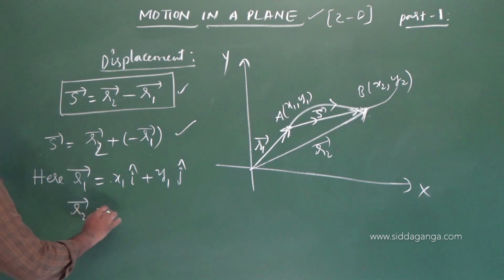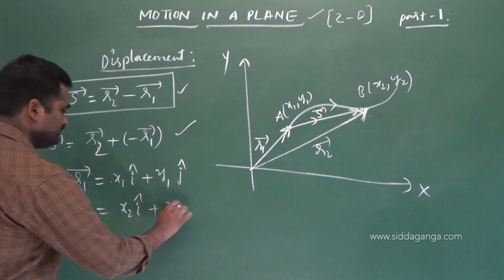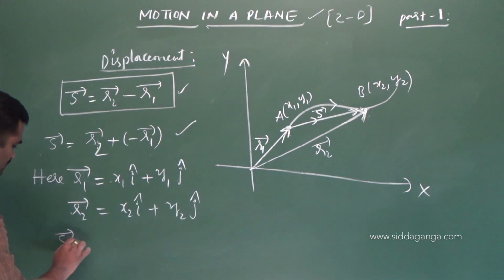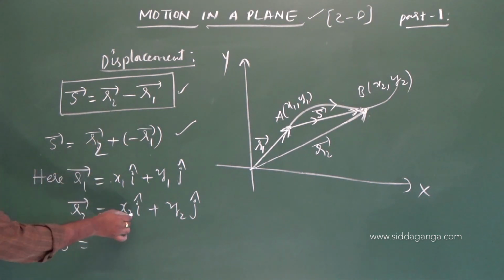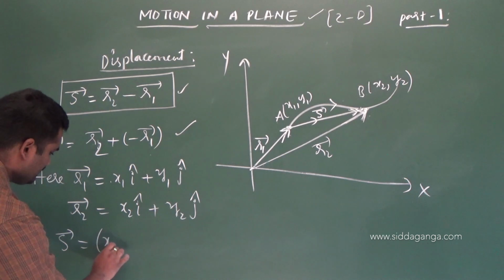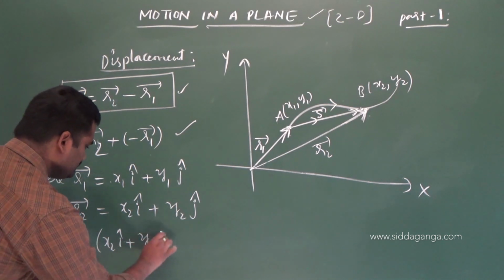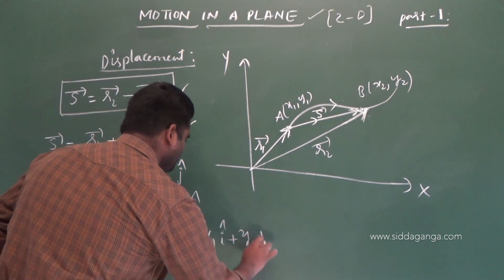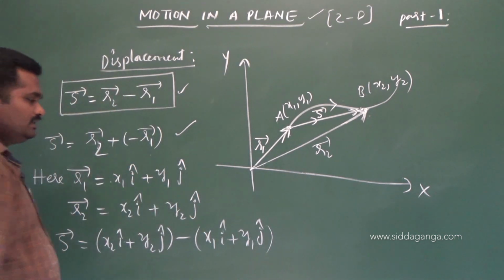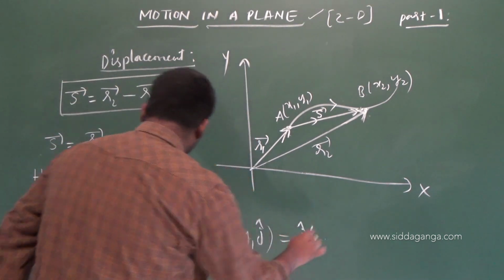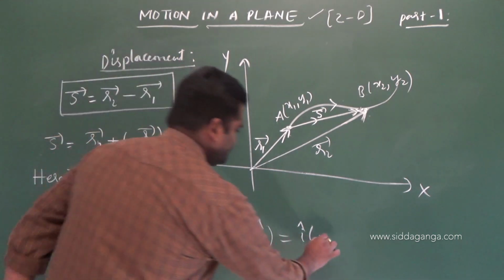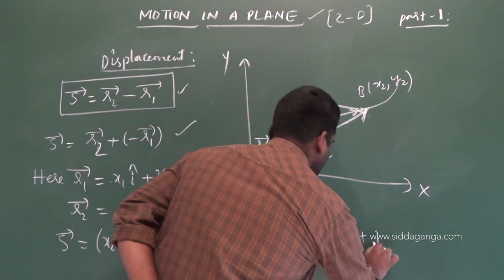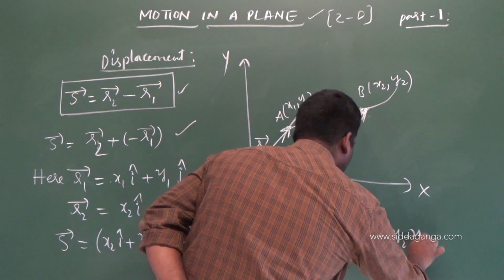R2 is x2 i cap plus y2 j cap. So the displacement vector means R2 minus R1, that is x2 i cap plus y2 j cap minus x1 i cap plus y1 j cap. Or else I can write this taking i cap common: i cap into x2 minus x1, plus, taking j cap common, j cap into y2 minus y1.